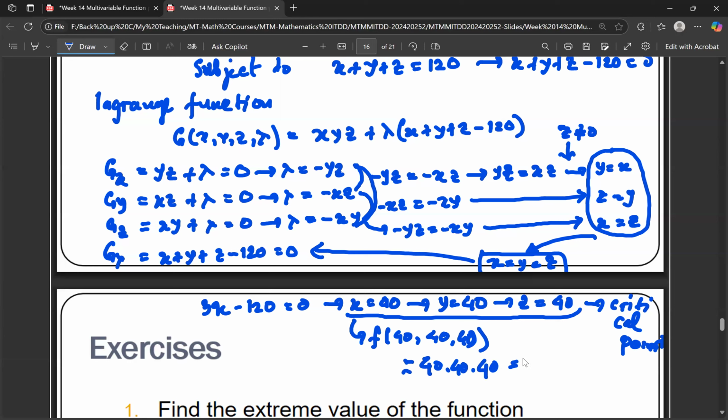So this is the maximum value, in volume units.